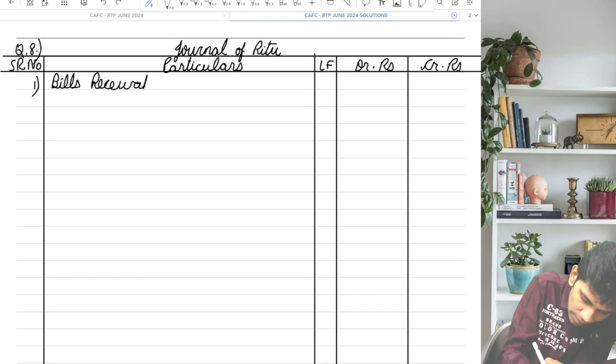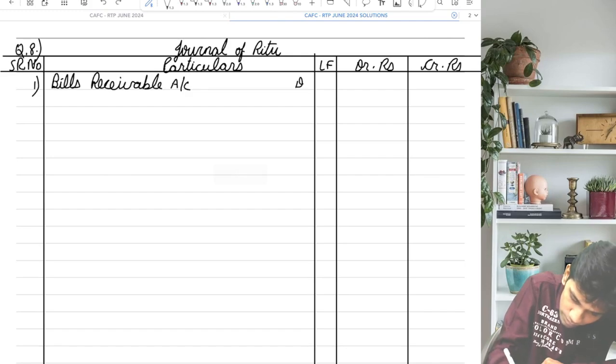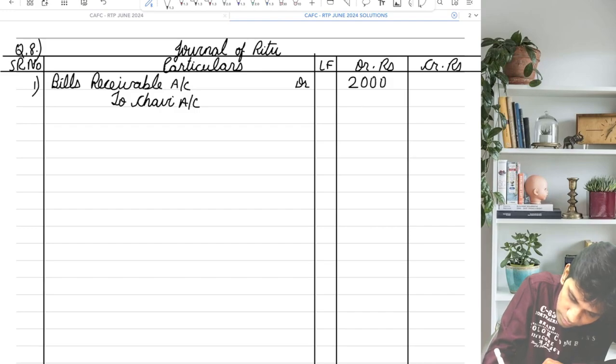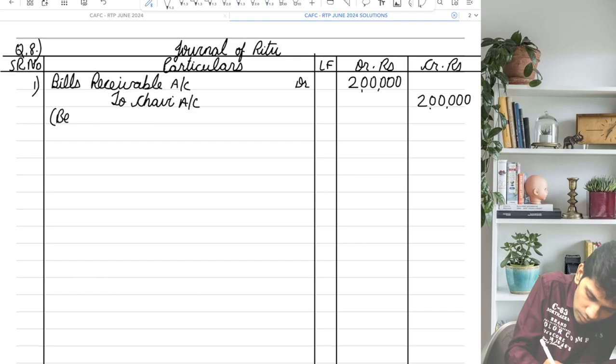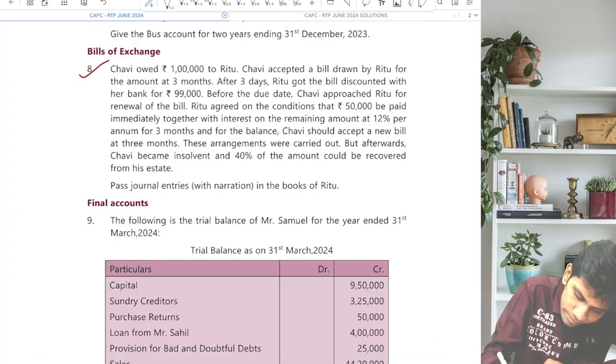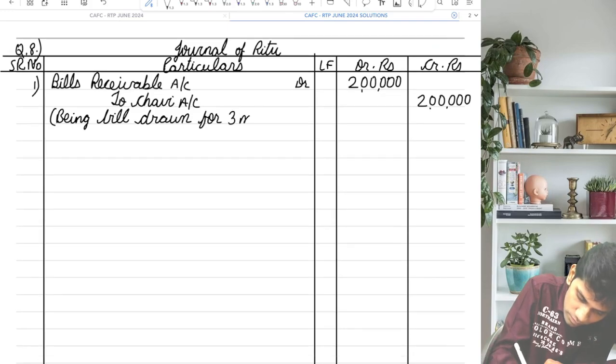Bills receivable account debit to Chavi account, 2 lakhs. Being bill drawn for how many months? 3 months. First entry is done.